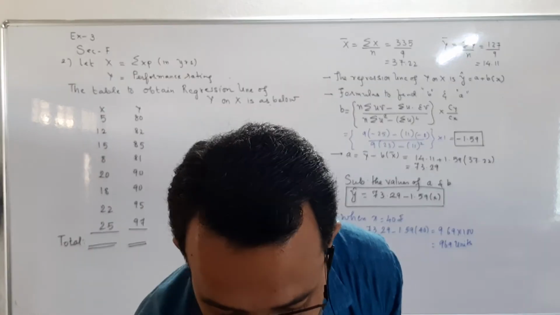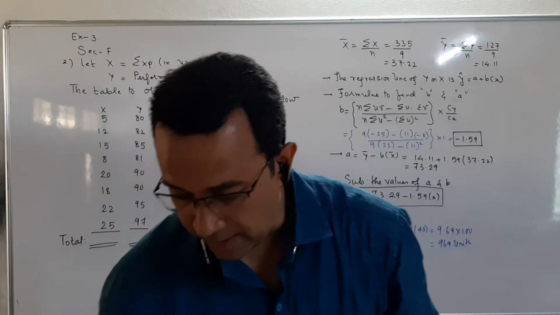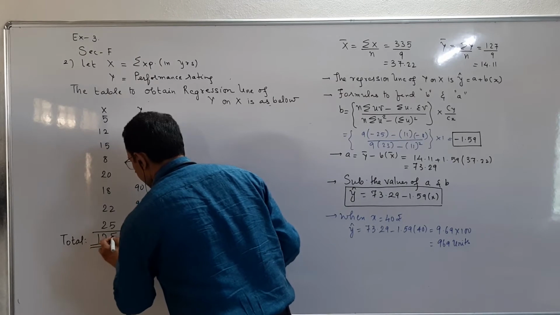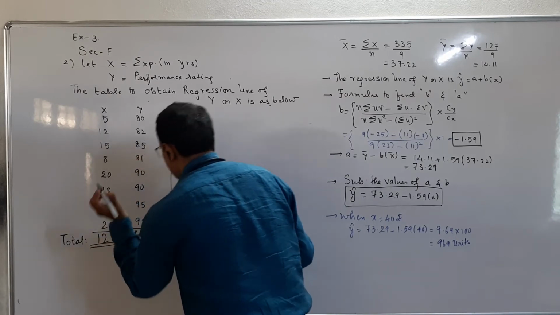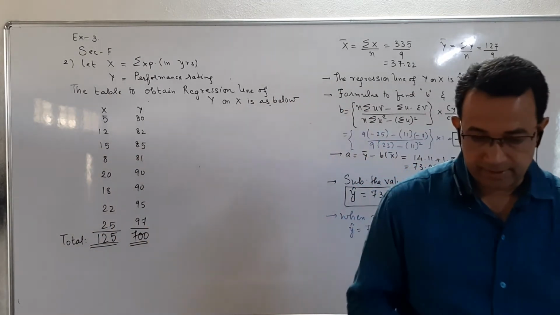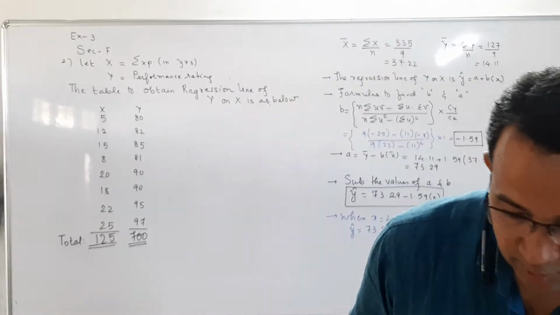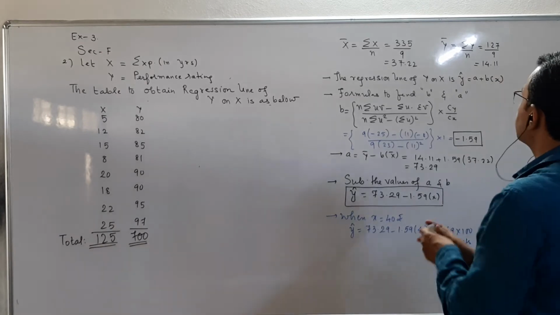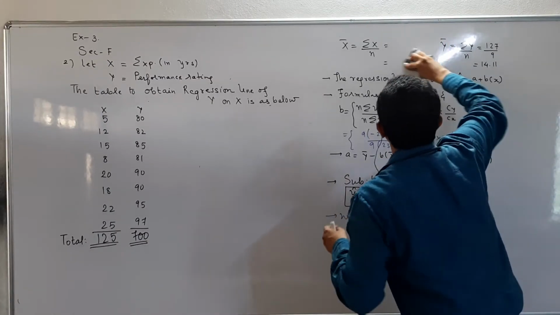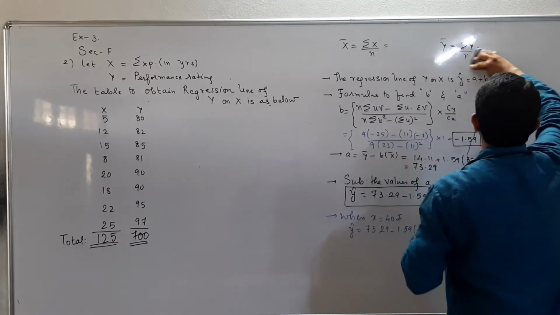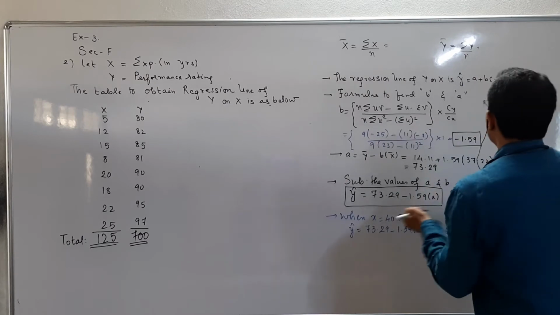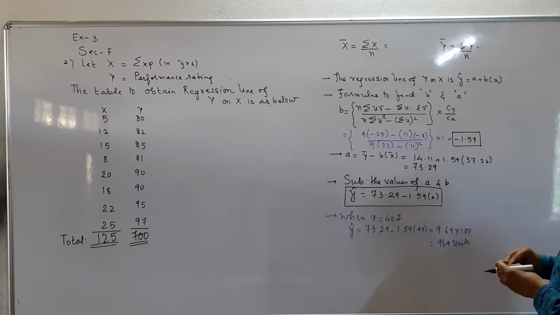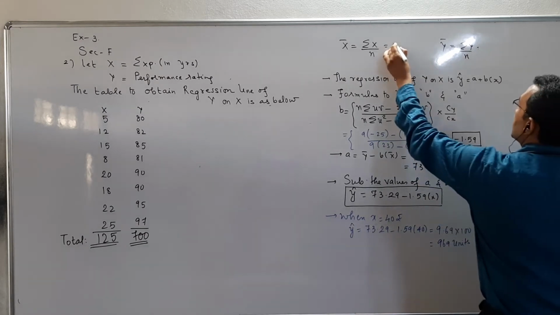Now, if I total the values of x and y, these are 125 and 700 respectively. And correspondingly, let us operate x bar and y bar, students. Total of x is 125 and total observations are 8.